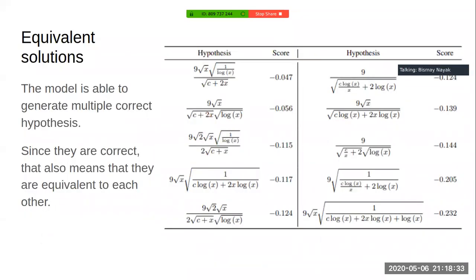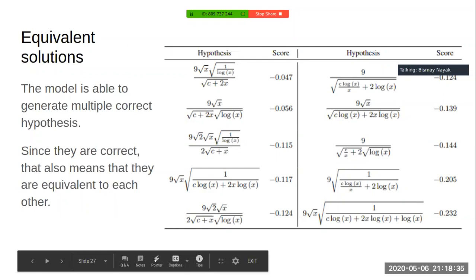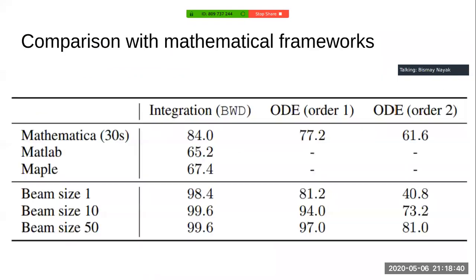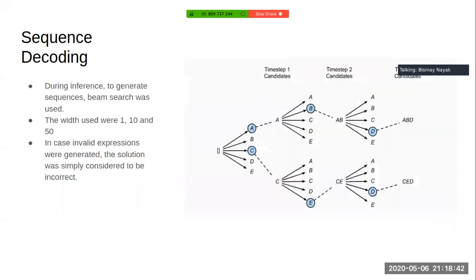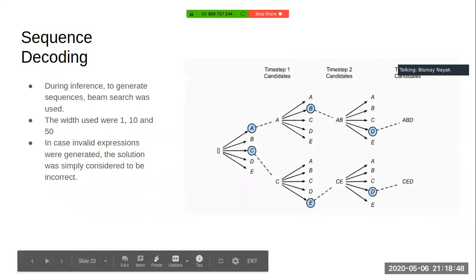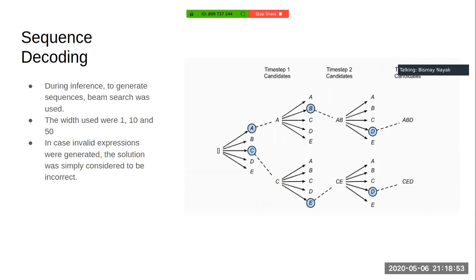An interesting property of the model created by our authors is that we are using a beam size of around 10 or 50. So in a particular time step, the authors are able to obtain around 10 solutions or 50 solutions at a time. So they don't discard everything and just take the one with highest probability.